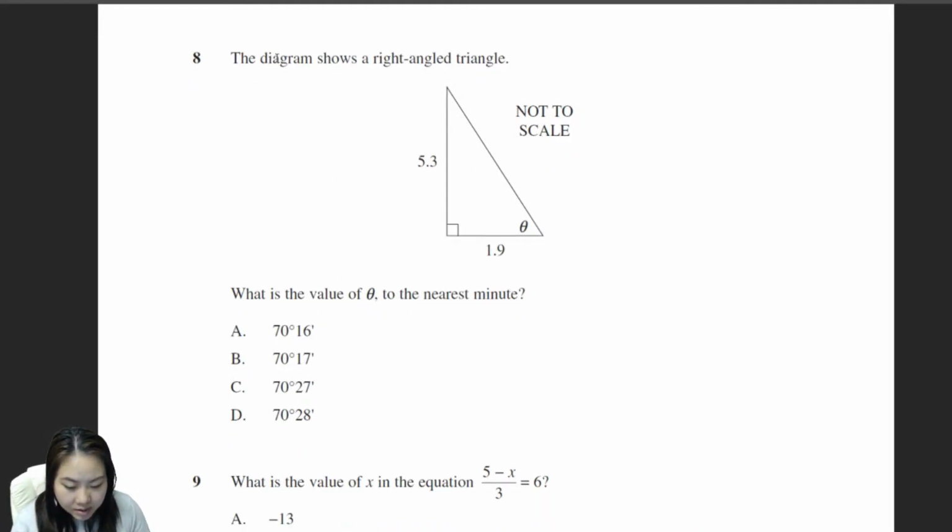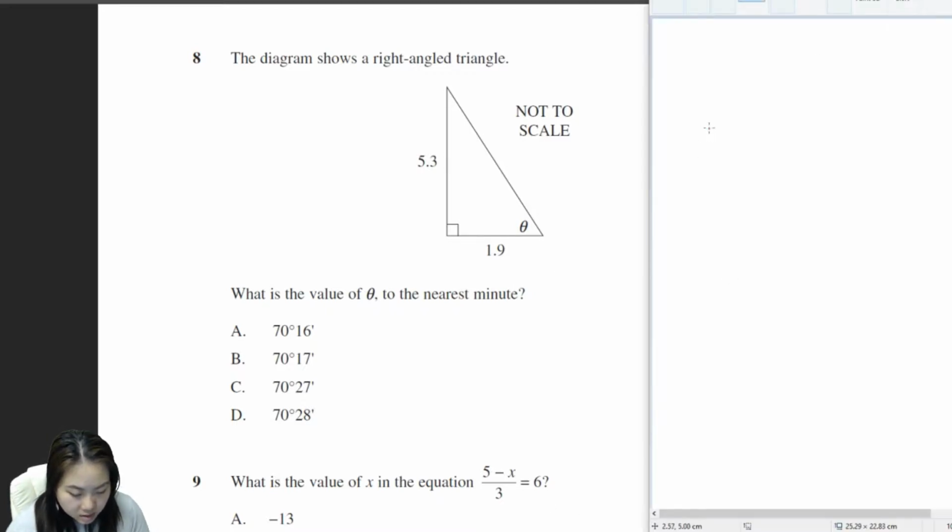Okay, number 8. The diagram shows a right angle triangle. What is the value of theta to the nearest minute? So this is trig. You've got a right angle triangle, which is important that that right angle is there. That theta is there, that's 1.9 and that's 5.3.